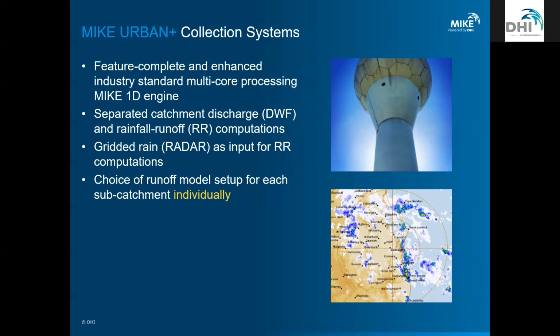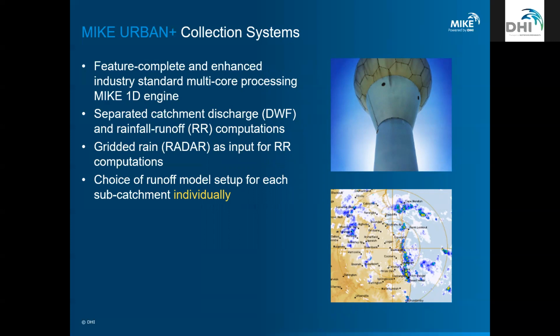For now, you have to run the hydrology, and then you have to run the hydraulic piece for simulations. In MikeUrban Plus, you now have the option to either run them separately or run them combined. So you don't actually have to run two separate simulations and load in the result file. You'll be able to do that simultaneously if you check the boxes to do so.